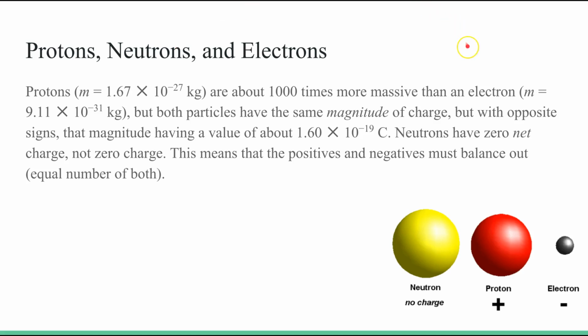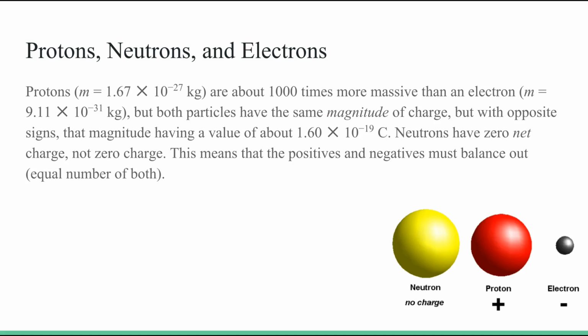And the electron mass is a lot smaller. It's 9.11 times 10 to the negative 31 kilograms. But both of these particles have the same magnitude of charge, with opposite signs. That magnitude has a value of about 1.6 times 10 to the negative 19 coulombs.